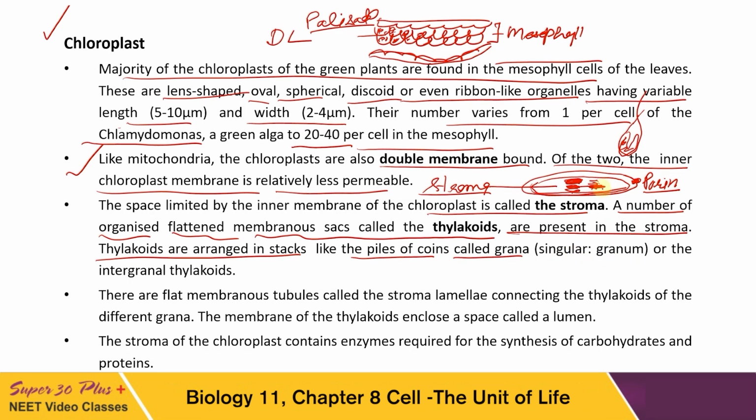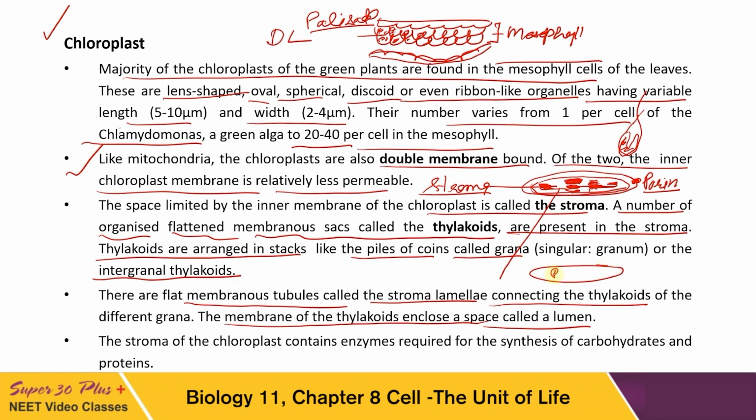There may be so many grana, and these are interconnected by stroma lamellae, the intergrana thylakoids. These are flat tubules called stroma lamellae, which connect thylakoids of different grana. The membrane of the thylakoid encloses a space called the lumen. In the thylakoid, there are photosynthetic pigments which trap the light energy.